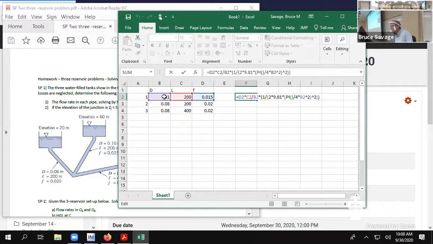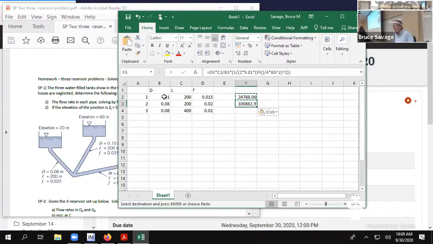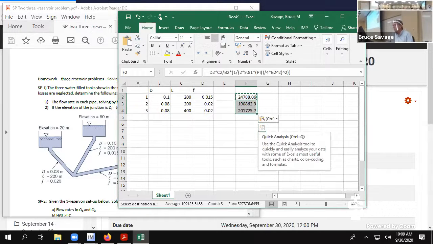That's raising the area, so I think that is correct. Oh, this is the reason why, because we've changed the notation of which was pipe 1 now, Samantha. Oh, yeah. So when I copy that down, now I do get that 100,000 for the second pipe. Yeah, so we changed the notation there.